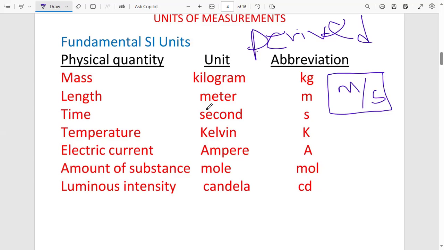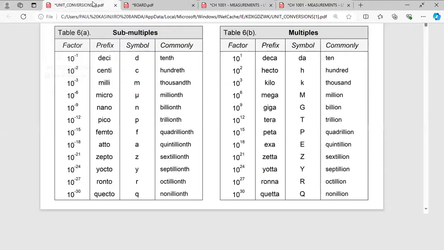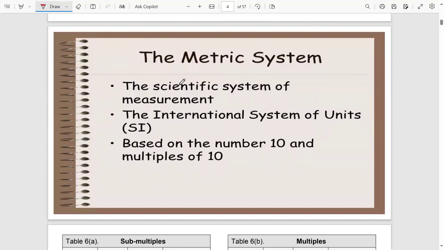Once you know the base units, you also have to know the metric system. So what is the metric system? The metric system is a system of units based on multiples of 10 or sub-multiples of 10.